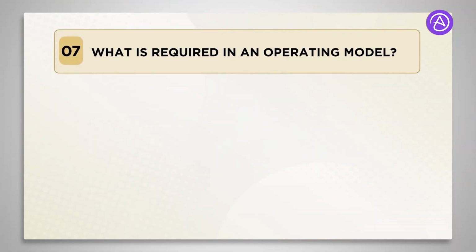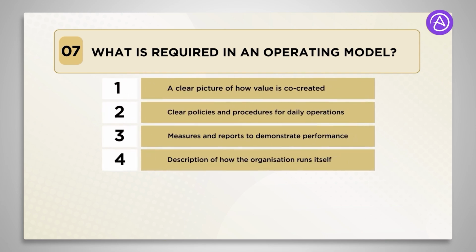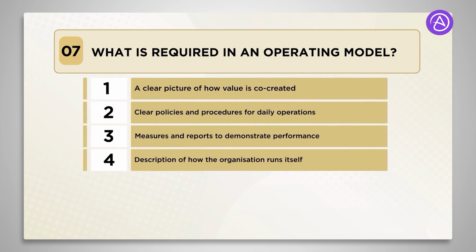Question: what is required in an operating model? And this is a combination question, so we need to select two statements that associate with an operating model. Do we cover statement 1, a clear picture of how value is created? Statement 2, clear policies and procedures for daily operations.